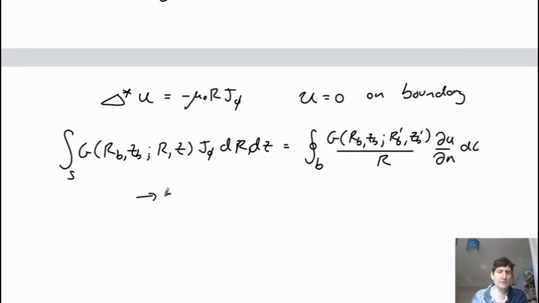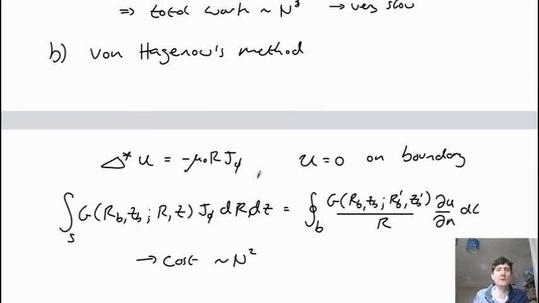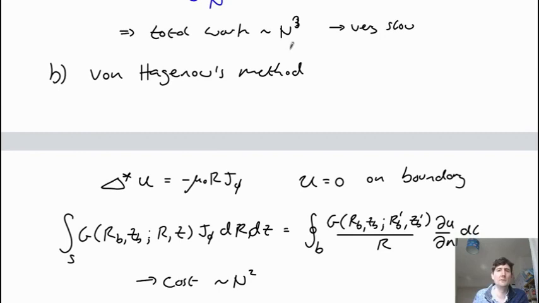So this makes the cost like n squared, because you now have an integral over the boundary for each point. And this makes it comparable to the cost scaling for solving Grad-Shafranov, and so this makes it manageable when the grid sizes become large, whereas the other becomes too expensive. So that's how we do the boundaries and calculate the psi plasma.